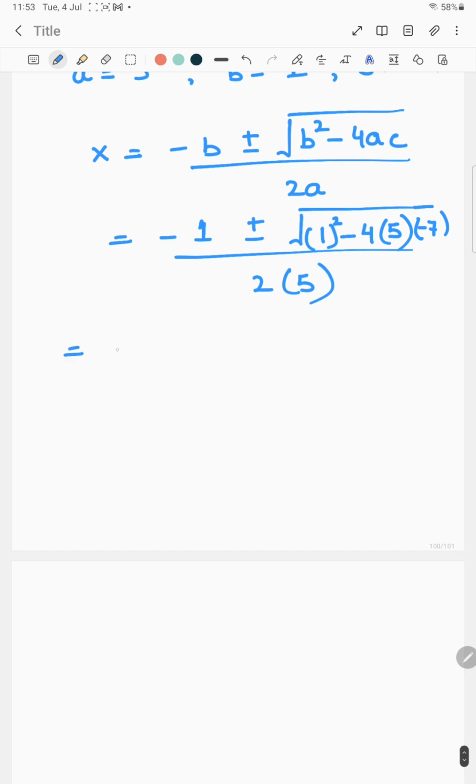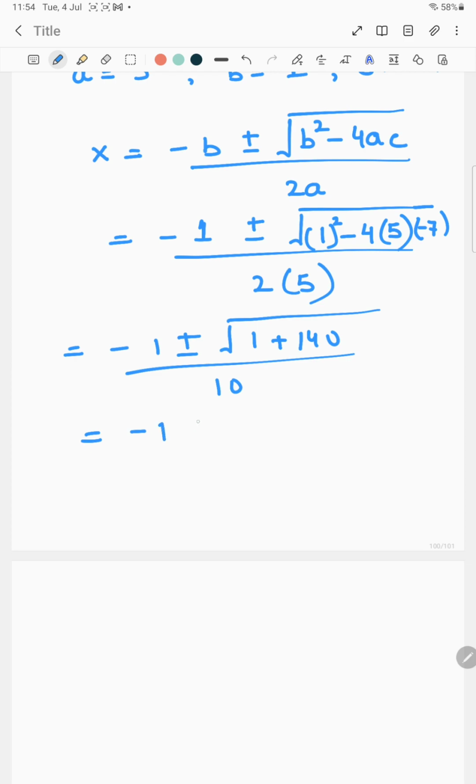So this will be minus 1 plus minus square root 1 square means 1 plus 4 times 5 is 20 and 20 times 7 is 140, divided by 2 fives are 10. Minus 1 plus minus square root of 140 plus 1 will be 141, divided by 10.